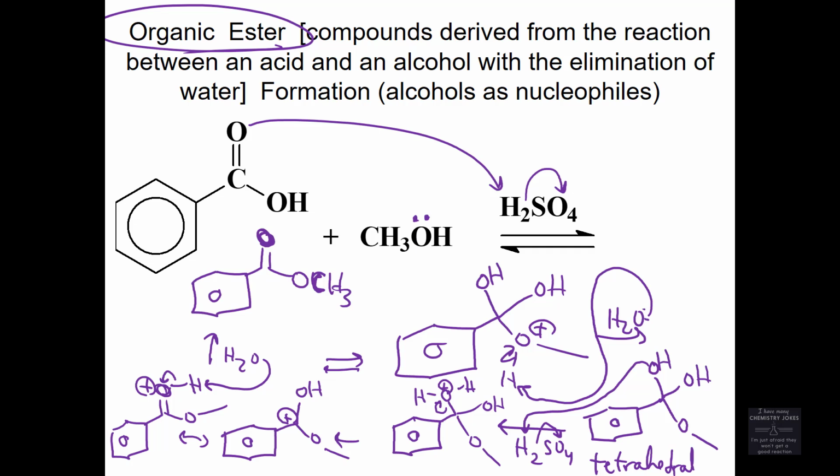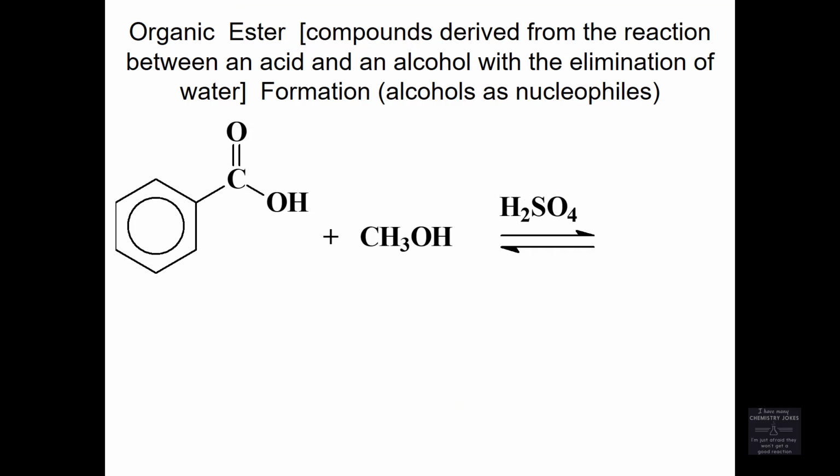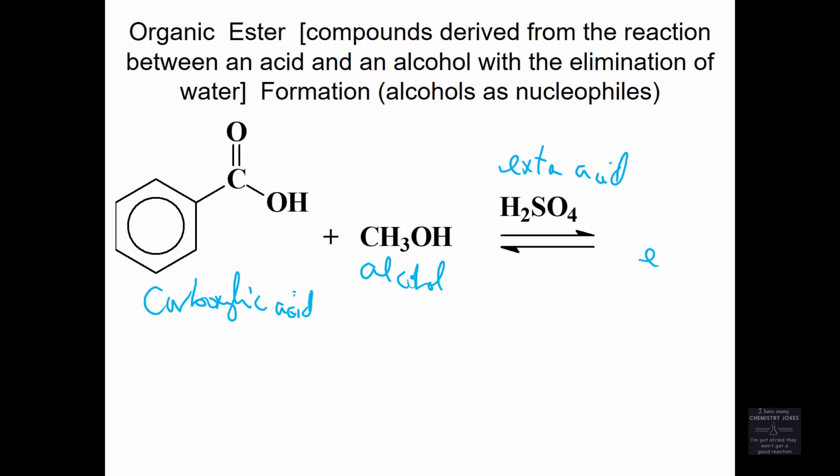So the take-home message, what you need to know from this reaction, is when I add a carboxylic acid and an alcohol and some extra acid, I'm going to get an ester. You need to be able to predict the product of the ester.